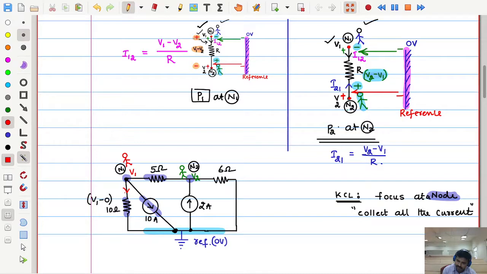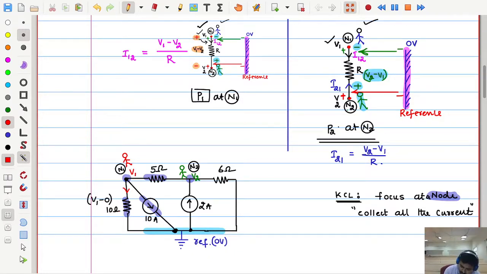I told you wherever you sit, from there current will be leaving, cross verify. So if I sit at node N2, it is leaving from the node N2, which is I21. So the voltage across the 10 ohms is V1 minus 0, and the current through this 10 ohms is V1 minus 0 by 10.